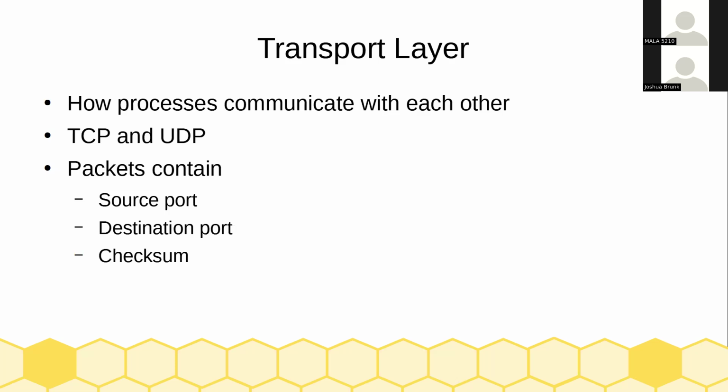HTTP. Yep, HTTP, which is web traffic. And the packets here also contain a checksum, which we won't really worry about because it's not really important to how nmap operates. But if you're curious, that's part of how the integrity of the information is maintained in the packet.